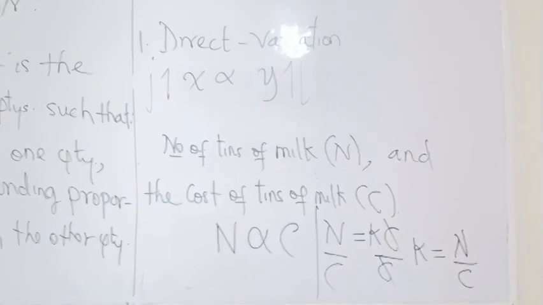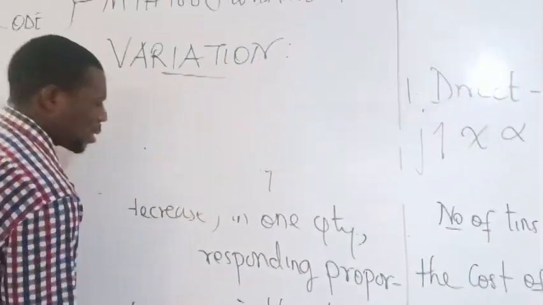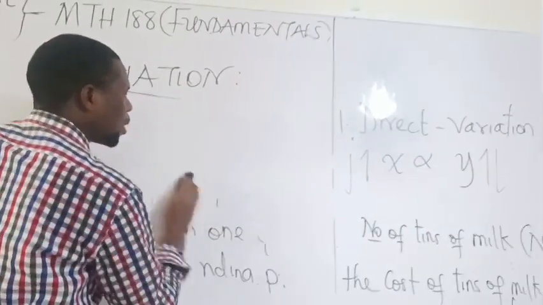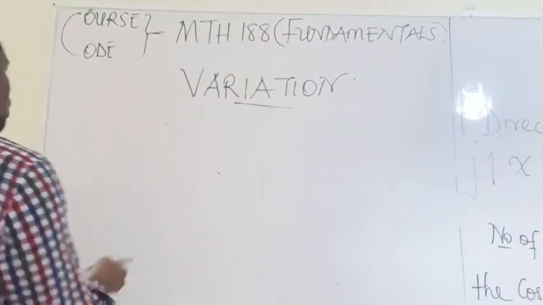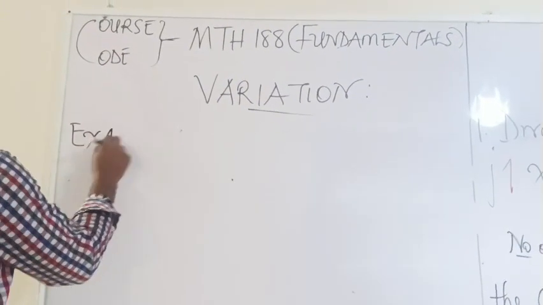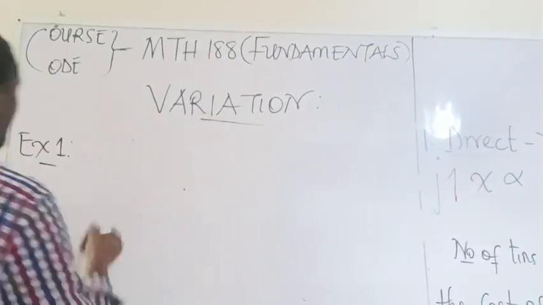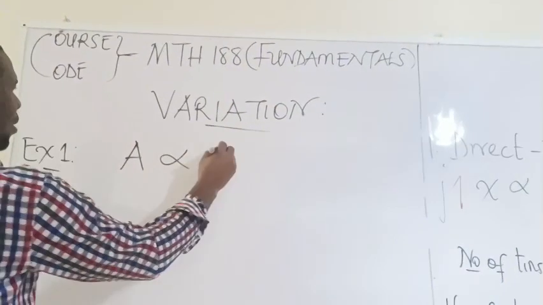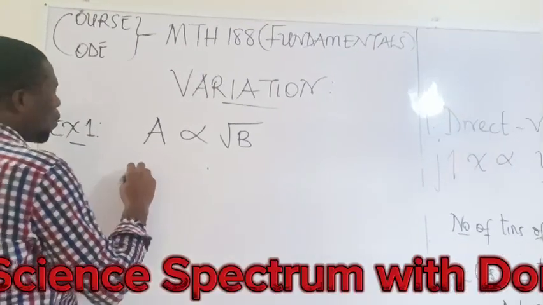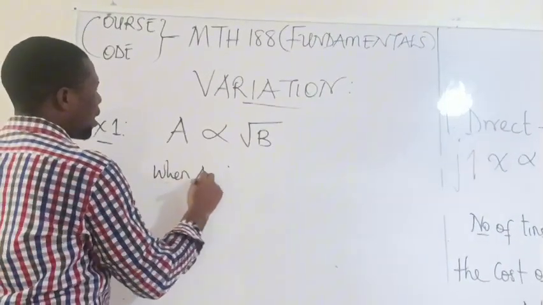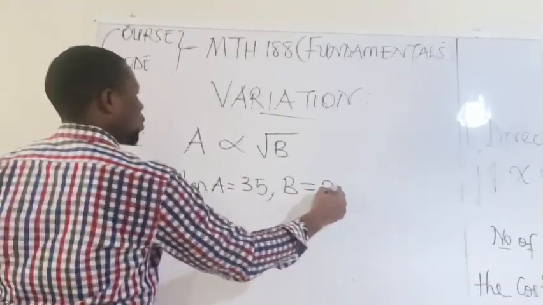a working example now. Let's take, for instance, that I have two quantities, quantity A and B. Example one. Let's say quantity A varies directly as the square of quantity B. When quantity A is 35, quantity B is 25.